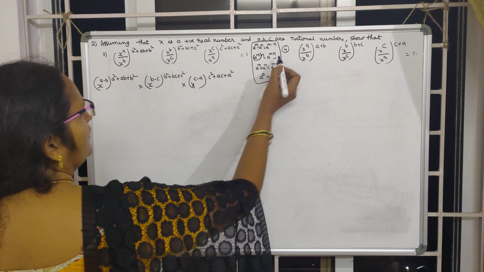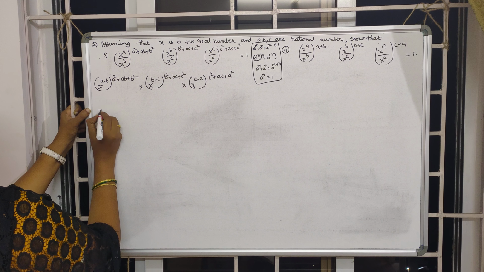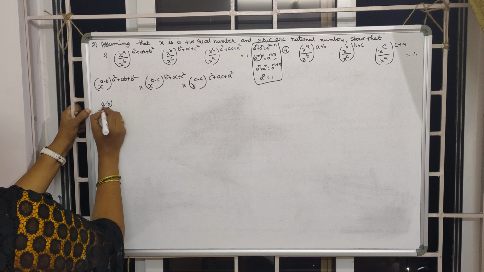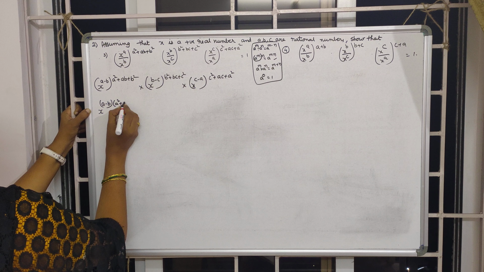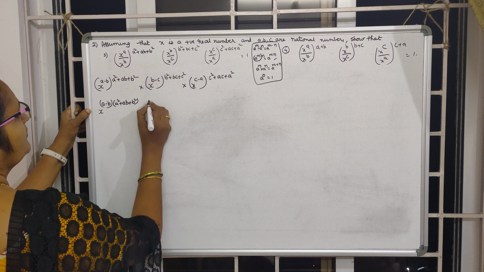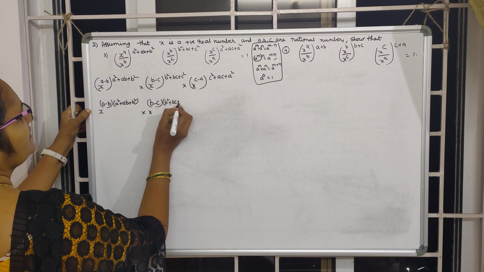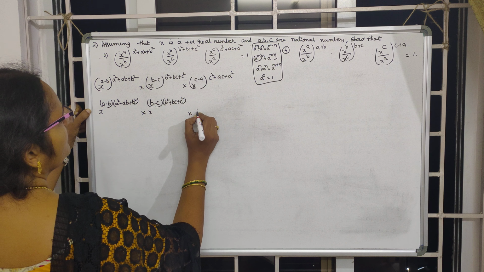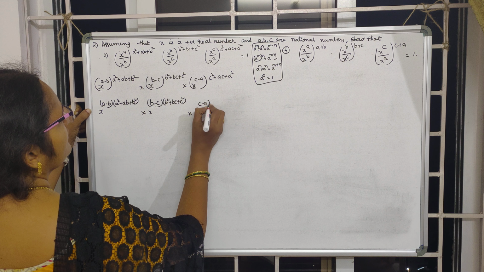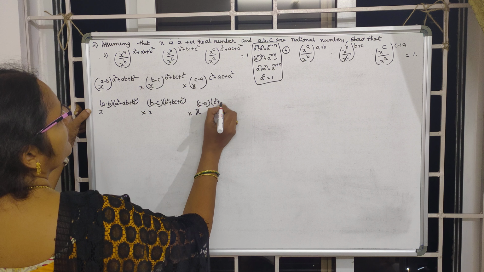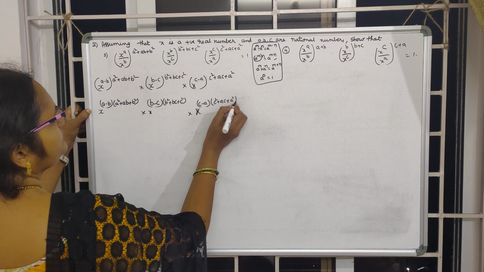Now using the second formula, I am going to write this as x^((a−b)(a² + ab + b²)) times x^((b−c)(b² + bc + c²)) times x^((c−a)(c² + ac + a²)).